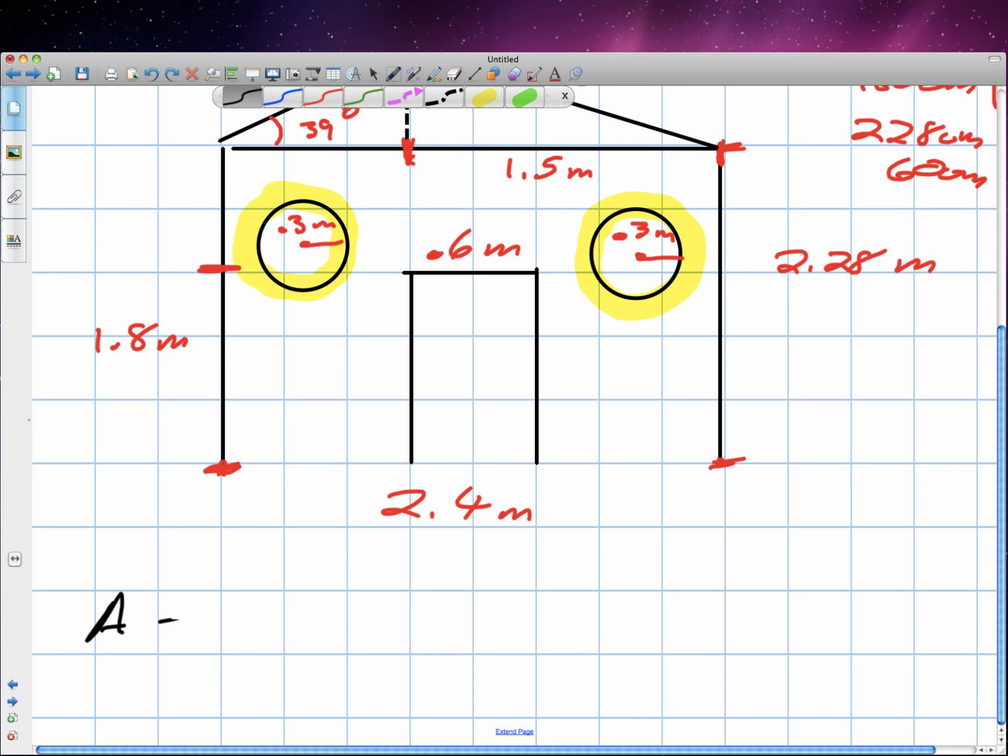The radius in this is 0.3. So we're going to plug that in for our number here.